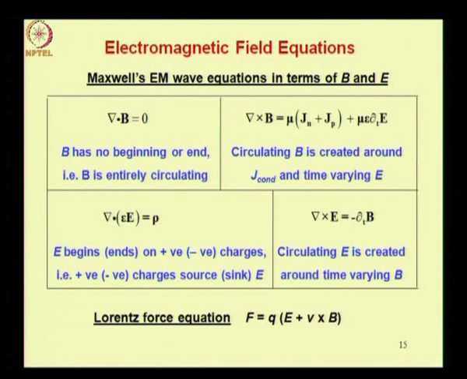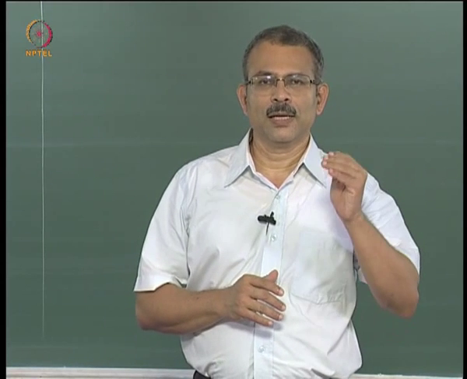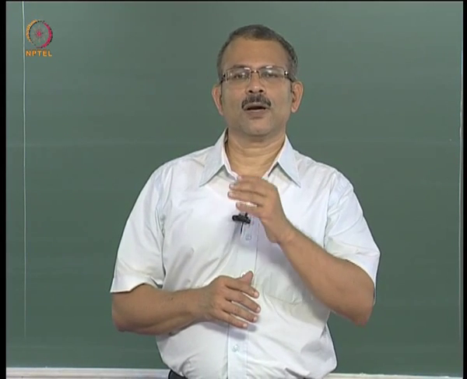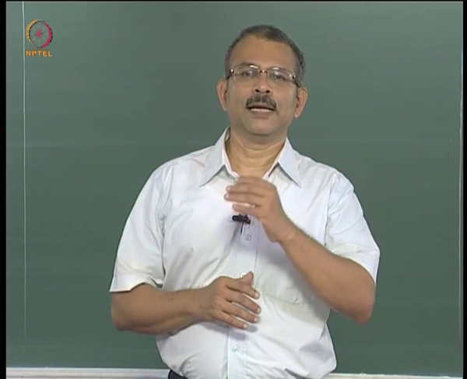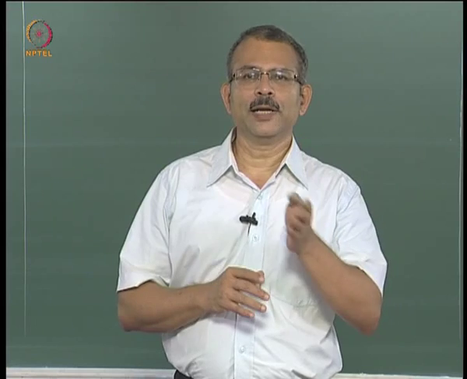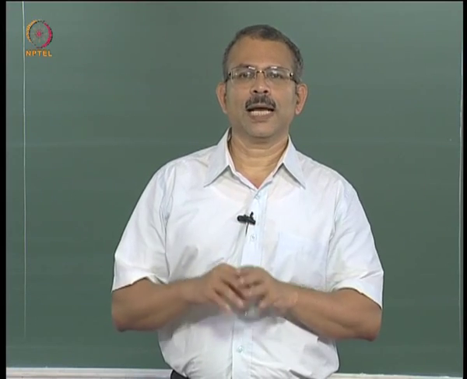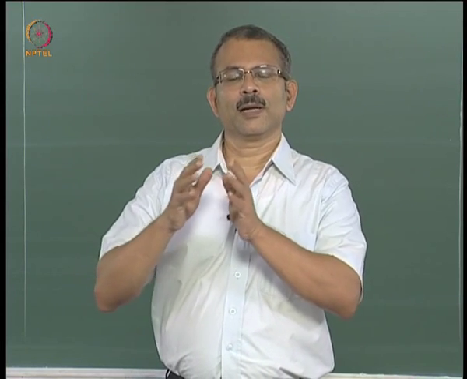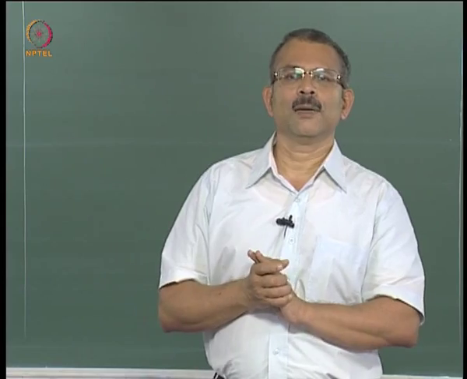Now look at the next slide. Here we have written the Maxwell's electromagnetic wave equations in terms of B and E. So the previous slide consisted of equations written in terms of magnetic flux B, the magnetic field H, the electric flux or displacement D, and electric field E. Now since there are constitutive relations which relate D to E and B to H, we can write all the equations in terms of one quantity for the electric field or electric flux and another quantity for magnetic field or magnetic flux.